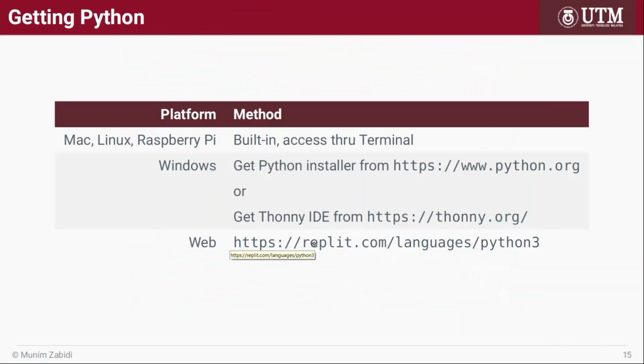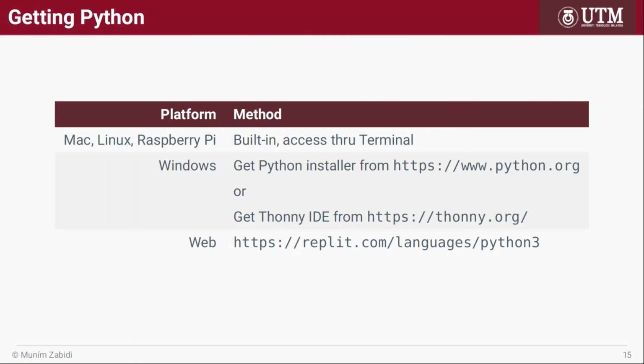So if you are using a computer, which way are you going to use your Python? If you have Mac or Linux or Raspberry Pi, nothing to do. You can access it using the terminal. And if you have Windows, it's not built in. You have to get the installer from Python.org, or you can get this IDE called Thonny from Thonny.org for an all-in-one solution.